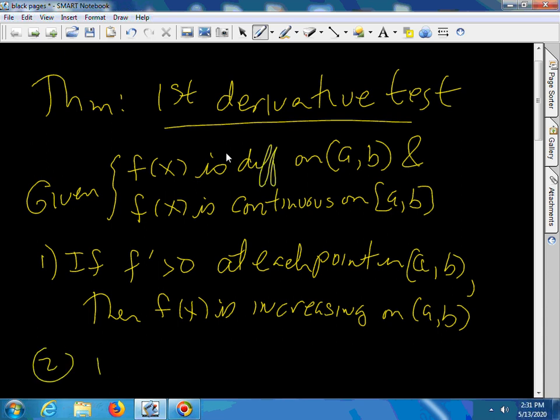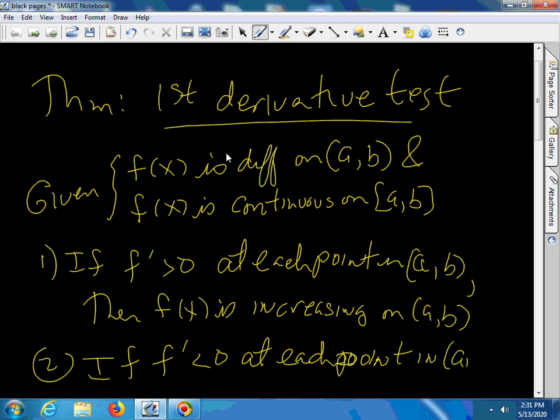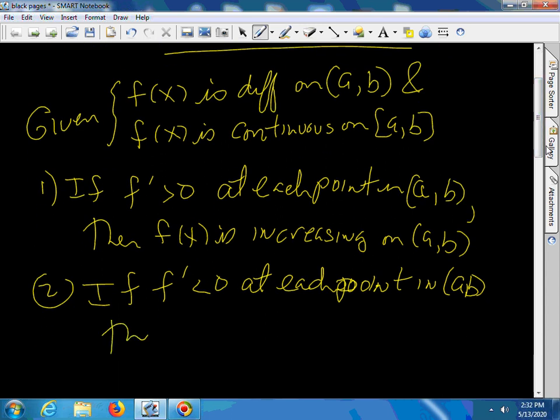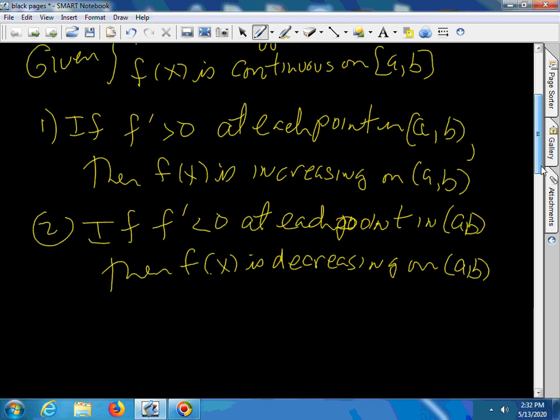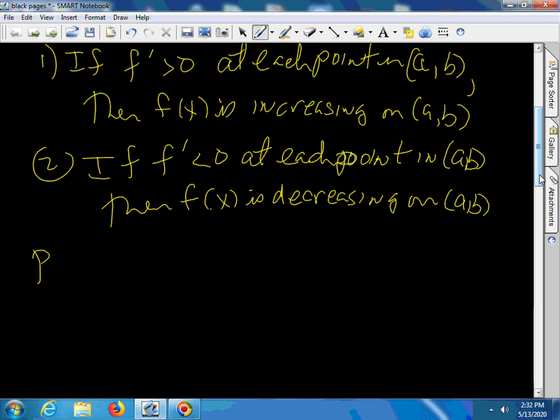And 2 is just the opposite. If f prime is less than 0 at each and every point in the open interval AB, then f of x is decreasing on AB.